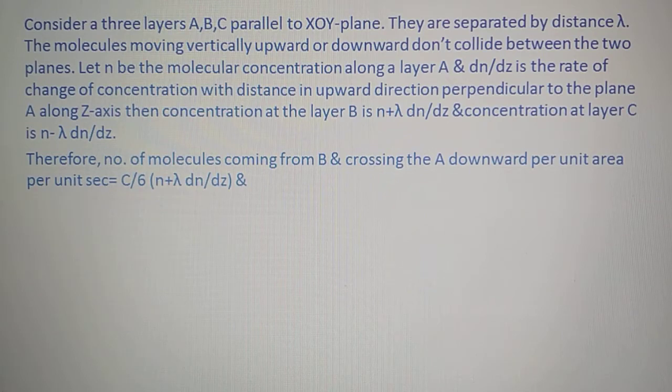Therefore, the number of molecules coming from layer B and crossing layer A downward per unit area per unit time is equal to 1/6 of the RMS velocity into the concentration, so 1/6 into C into N plus lambda into dN by dZ.